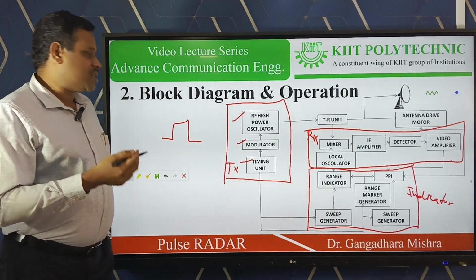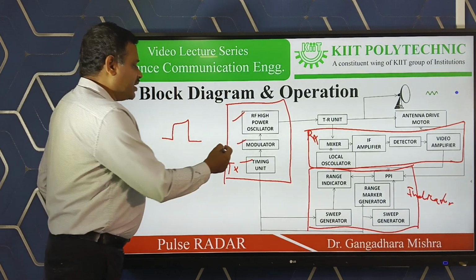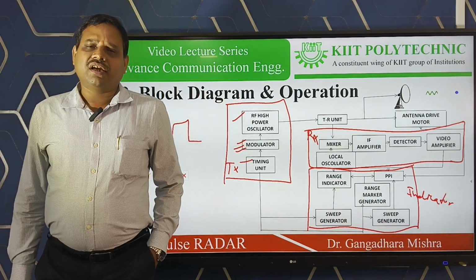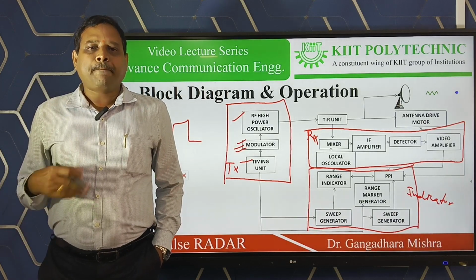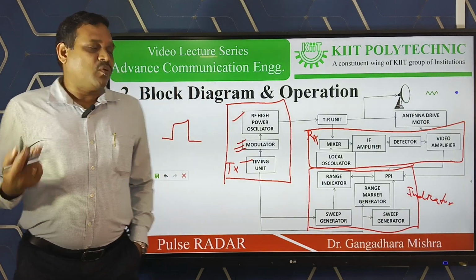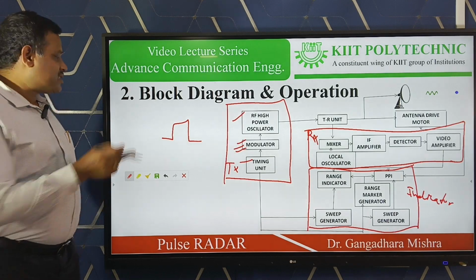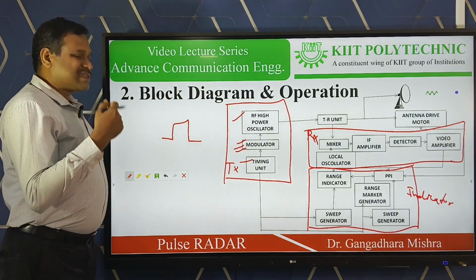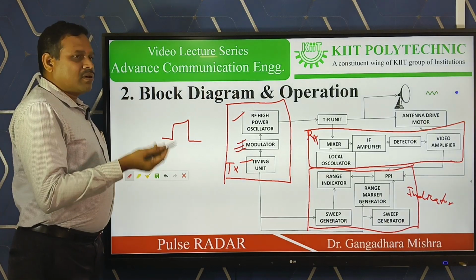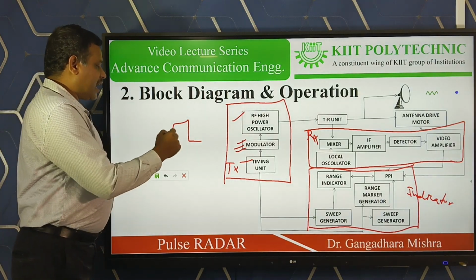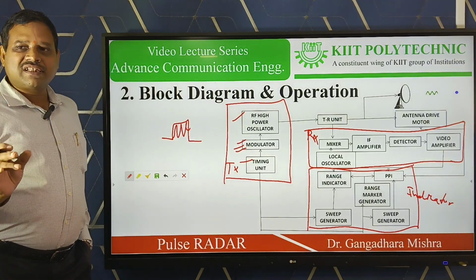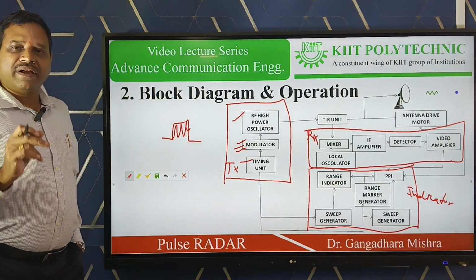For processing, at the first step we need the modulation process. So what is the modulation process? Here we generally use pulse amplitude modulation, where we modulate this timing pulse with a sinusoidal signal. In pulse amplitude modulation, the output is somewhat like this: the sinusoidal signal multiplied with the pulse.